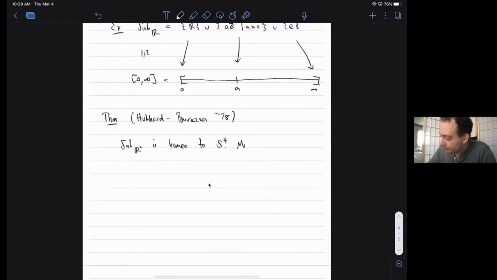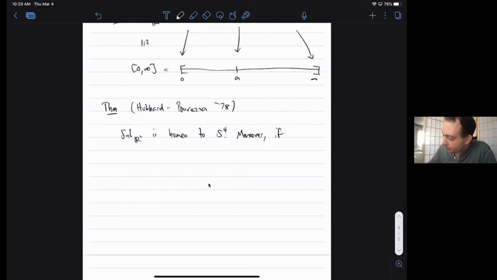And moreover, I can look at the set of lattices. You remember these are discrete groups that are isomorphic to Z squared. And I can look at them inside of sub R2.